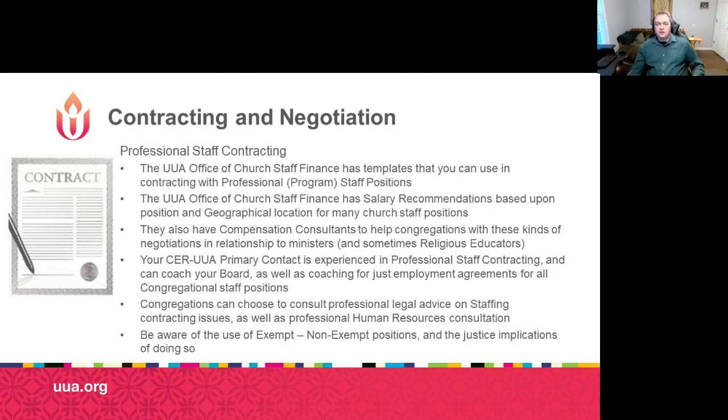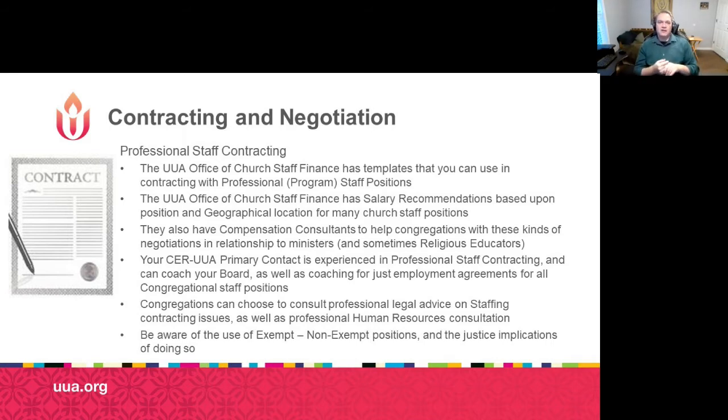Which resources would cost money? That's a great question. Consulting is free. Reaching out to your regional staff and even getting referred to the Office of Church Staff Finance, thank you for your congregation's donations to the annual program fund of the UUA that let me have this really cool job. That's one of the things that you all, in supporting the association, have available to you because of that support.